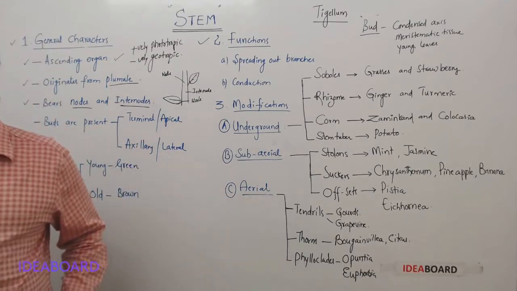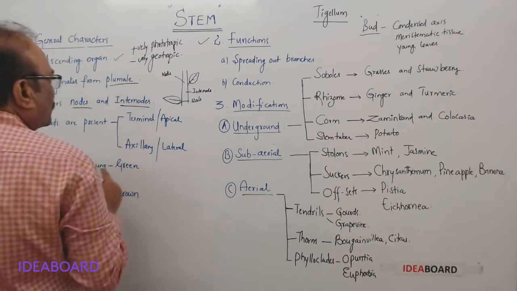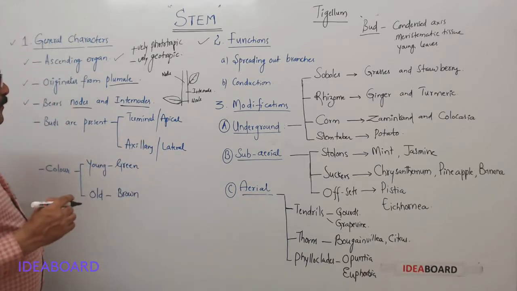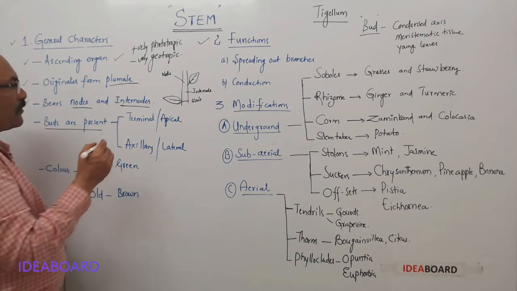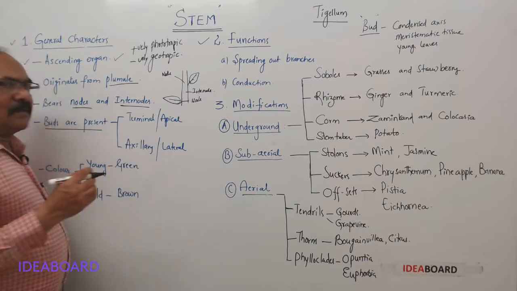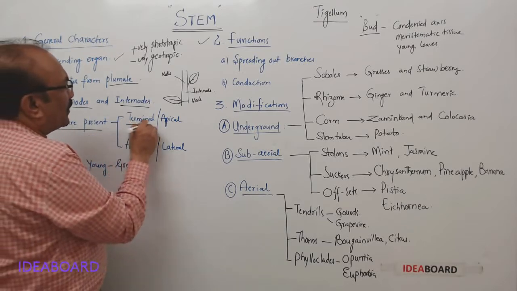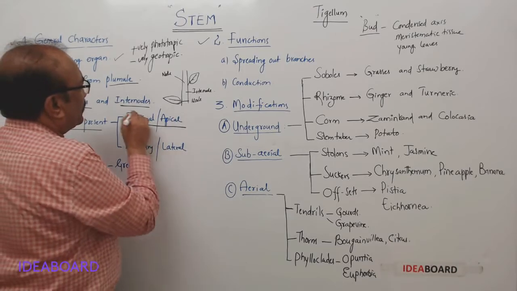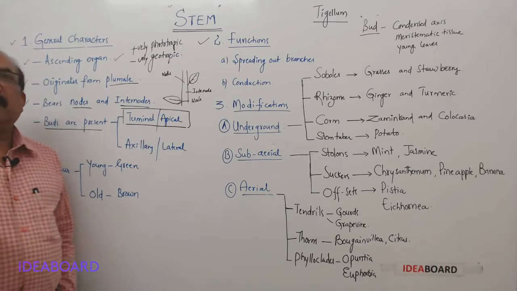And remember, we come across two types of buds in stems. You will find some buds present at the tips of the stem and the tips of branches, and they are called terminal buds or apical buds.